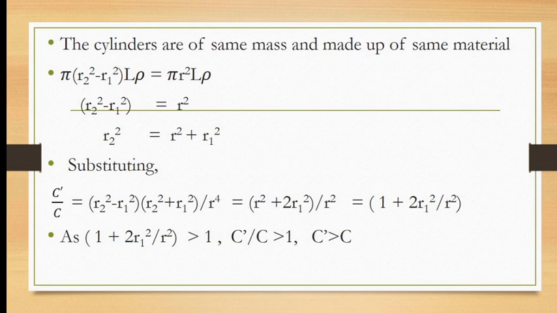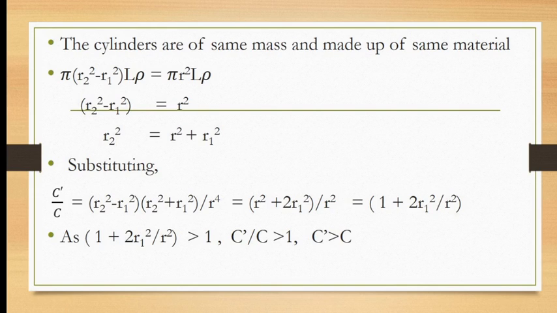Now we can substitute this into our previous equation, that is C dash by C, and it can be simplified. You can do it by yourself and you will get the equation C dash by C as 1 plus 2 r1 square by r square.